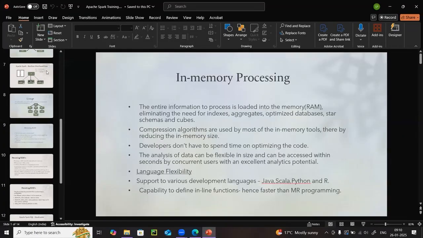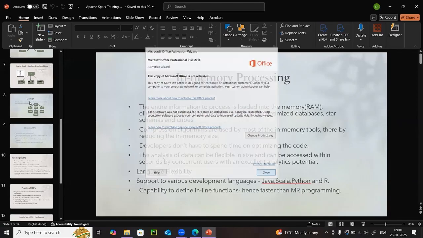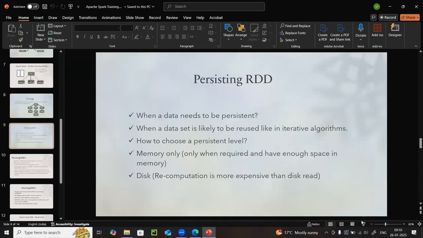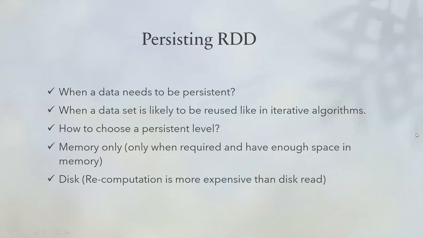One of the challenges in this DAG or lineage approach: I'm going to run a series of RDDs one after the other. For example, initially you have your RDD1, and from there I'm creating my RDD2, and then I'm calling RDD2.collect. This is how we did it yesterday.